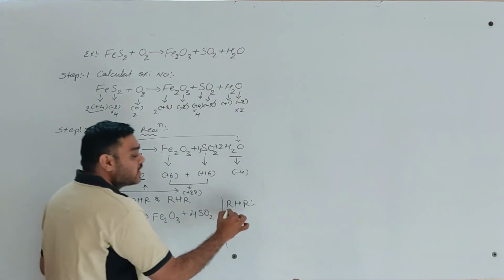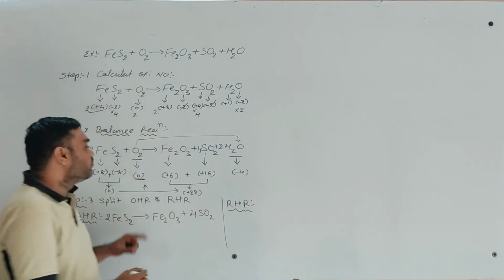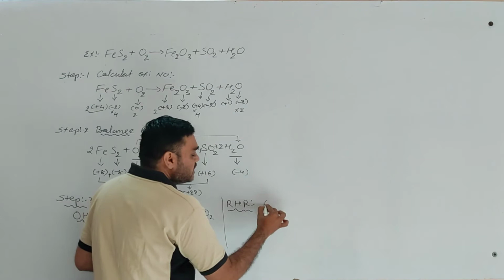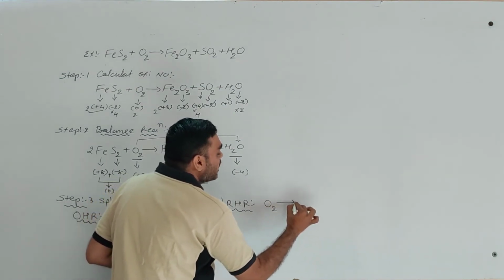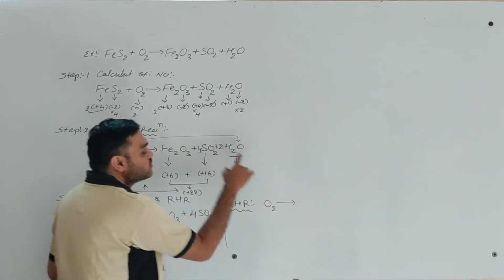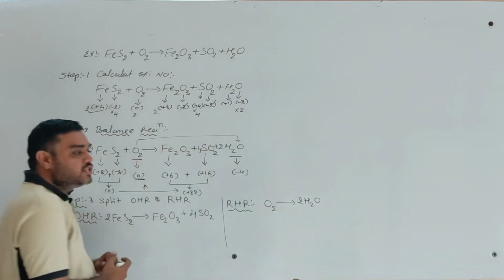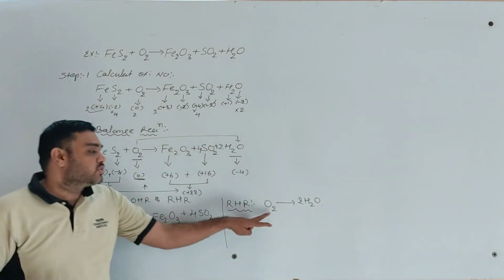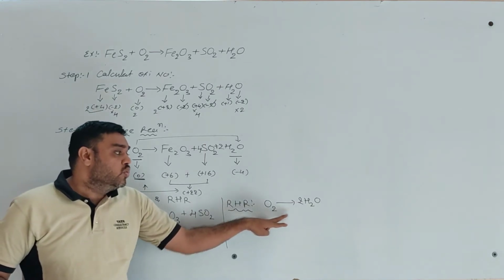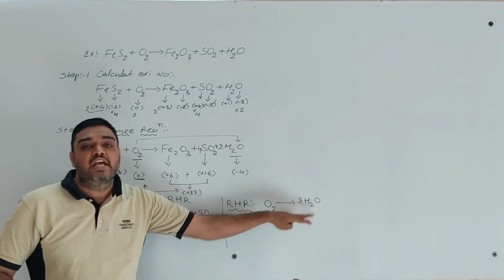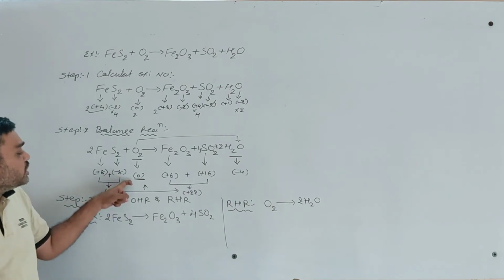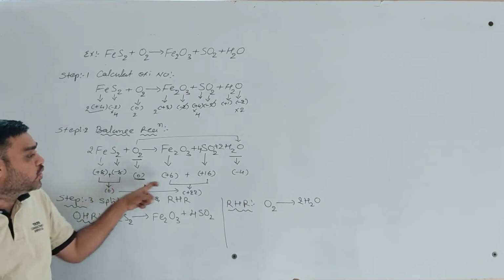I will consider it is reduction half reaction. So write like this: O2 gives twice H2O.